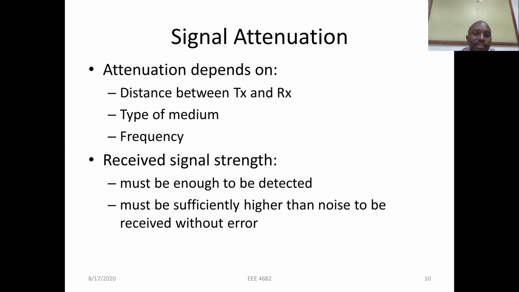The higher the frequency, the higher will be the attenuation, and vice versa. Now, the received signal strength must be enough to be detected. If it is not sufficiently higher than noise, then it will be buried in noise and received with error.